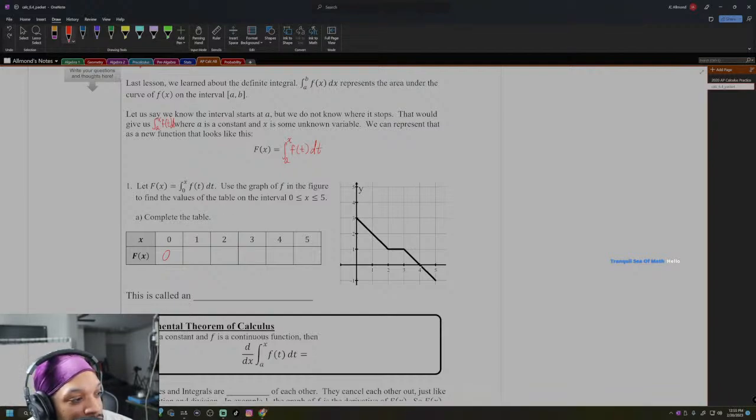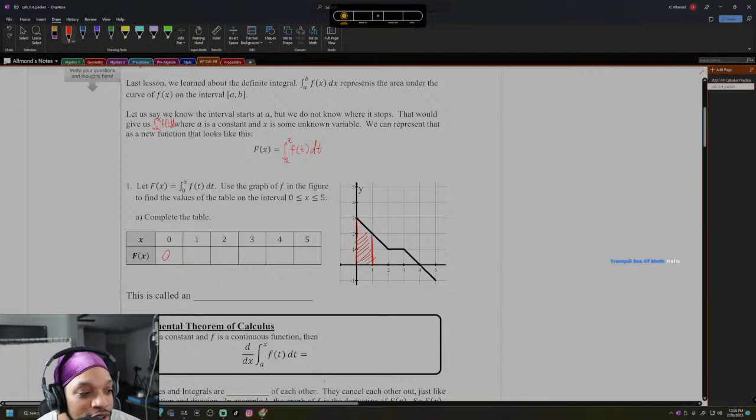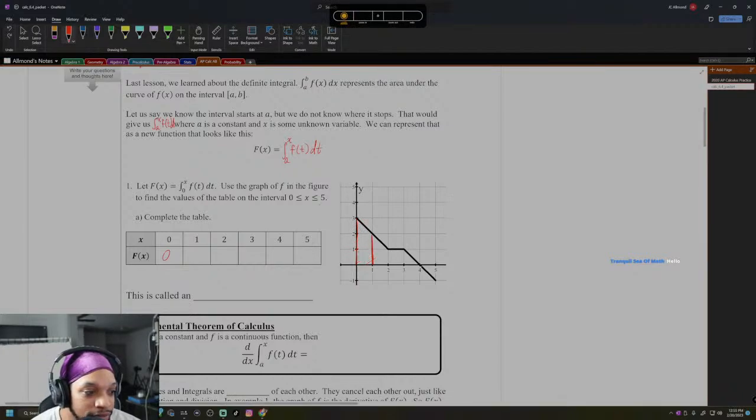So when x is 1, that is the area under this curve from 0 to 1. So on the graph, we're looking in between these red lines. So we just have to find all of this area. That you should be able to do just looking at it. It's like a rectangle, right?